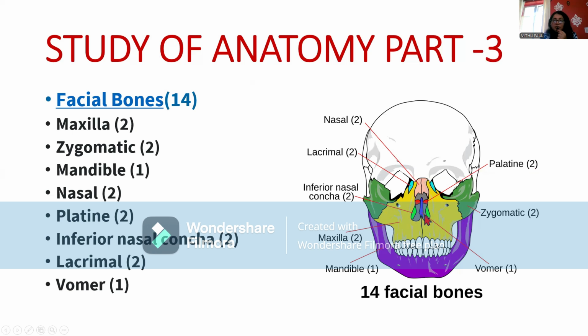Then the inferior nasal conchae, highlighted in light green, lying inside the nasal cavity onto its lateral wall. 2 lacrimal bones, here you can see, and the vomer, one of the bones from the posterior part of the nasal septum contributing to its formation, articulating to the surrounding bones, highlighted in blue. You will see the plate of the vomer.